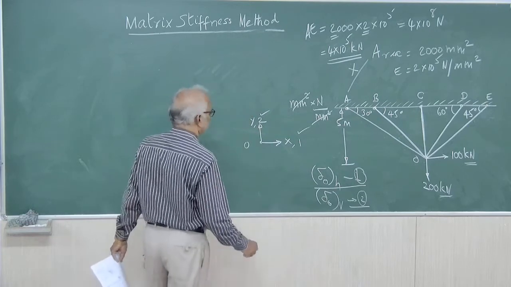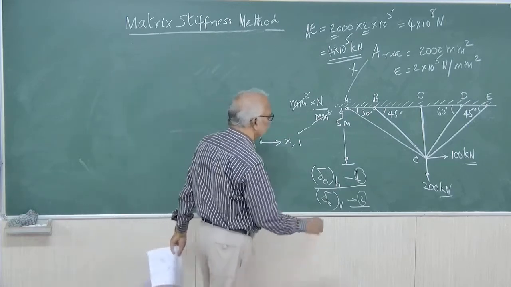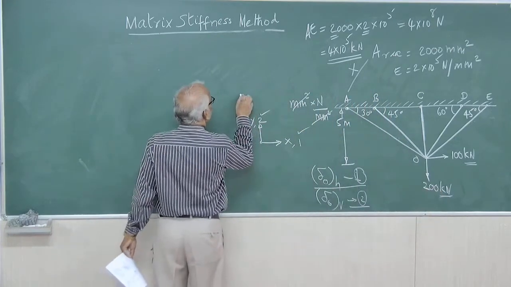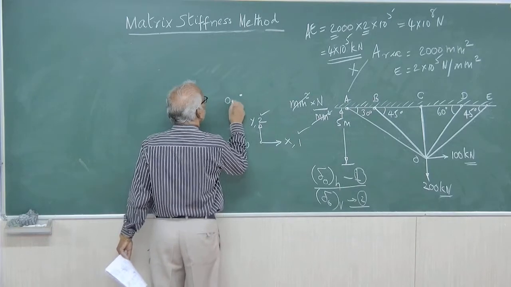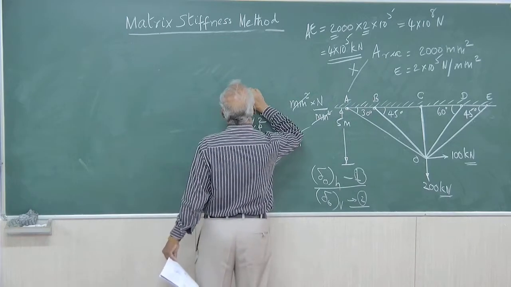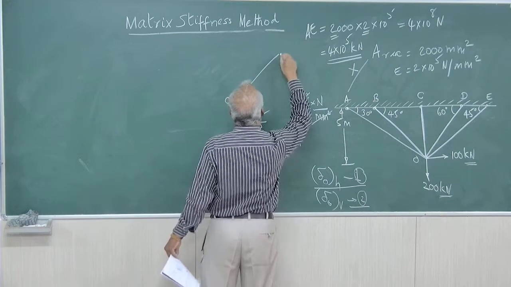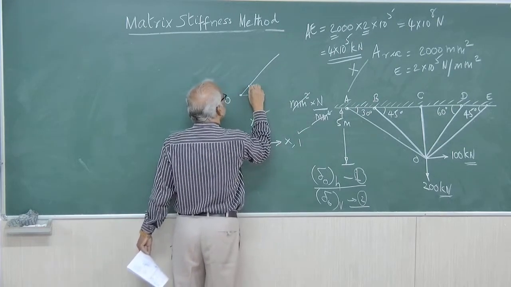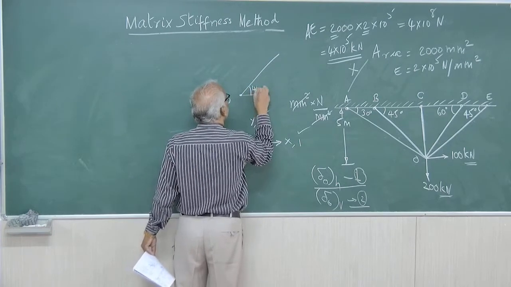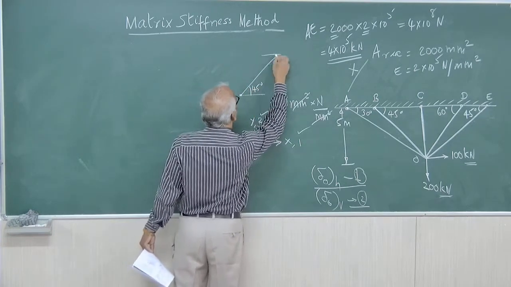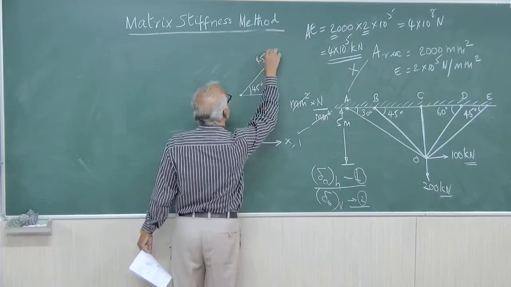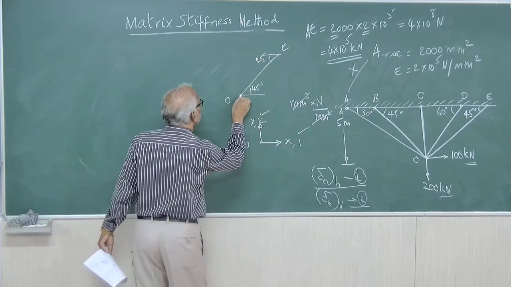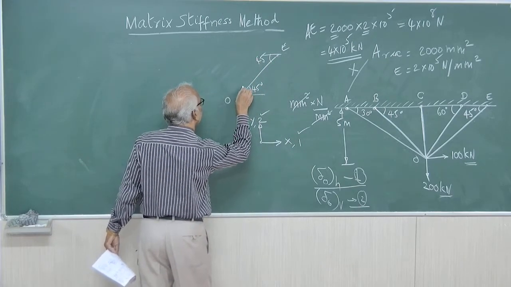I will just show the angles in a bigger sketch. This is O, this is one member OE, with horizontal this is 45 degrees. Because this angle is 45 degrees, this will also be 45. This is OE. Next member is OD.